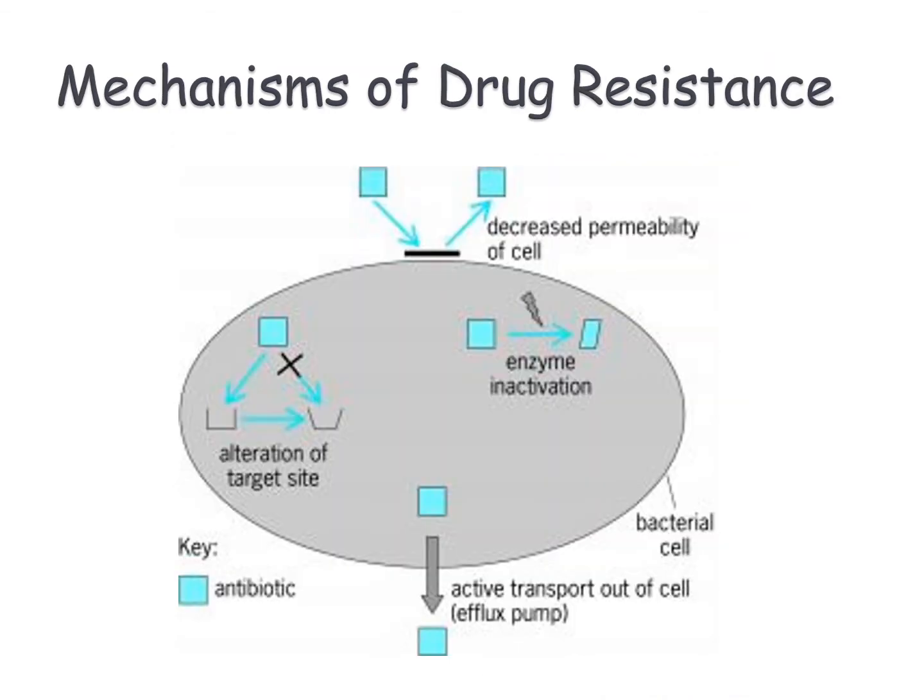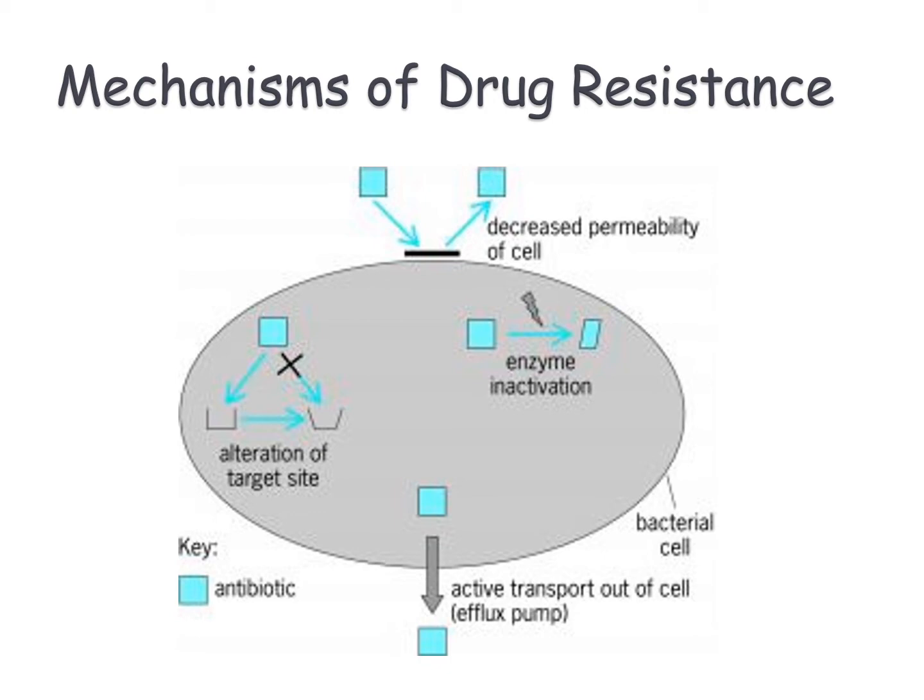Okay, so back to the idea of resistance mechanisms. And again, this schematic shows a number of possibilities, starting at the top with a decrease in permeability. Also, we can have inside the cell alteration of the target site, and some antibiotics inhibit translation by binding to proteins in the ribosome, and you can have some alterations in those proteins that then no longer allow the antibiotic to bind to it.